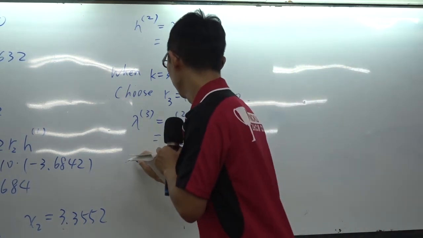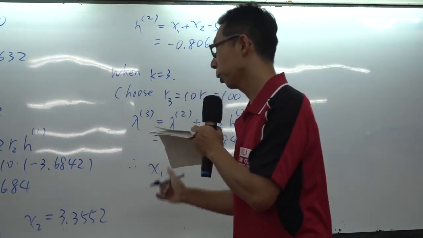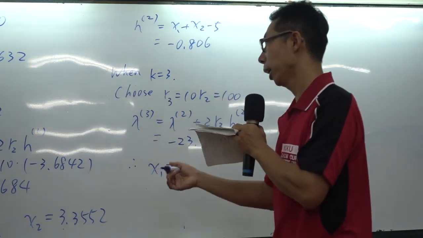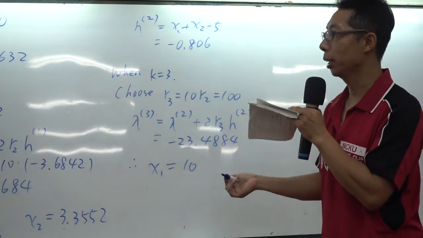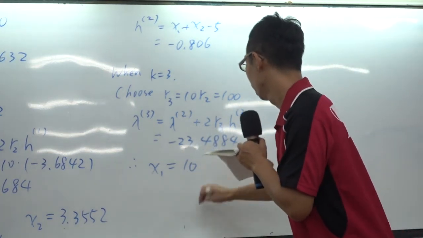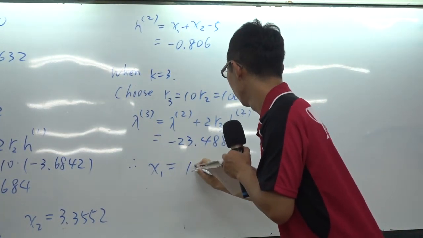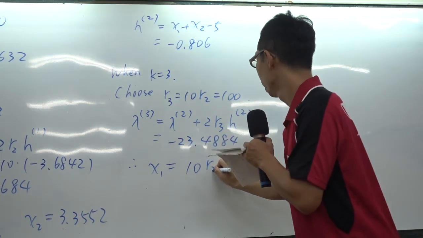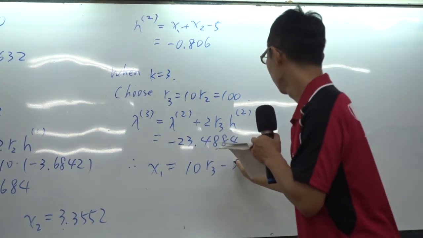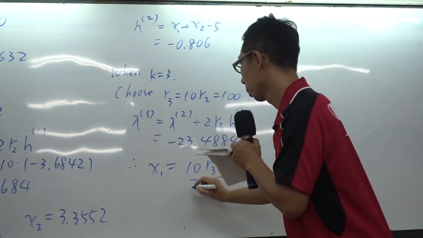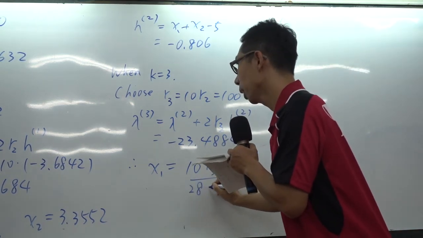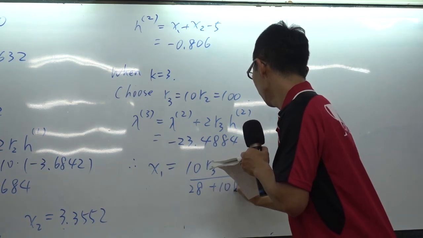And in this way we are able to calculate x1. I hope you guys can directly calculate x1. So x1 is 10 times R3 minus lambda 3, divided by 28 plus 10 R3.